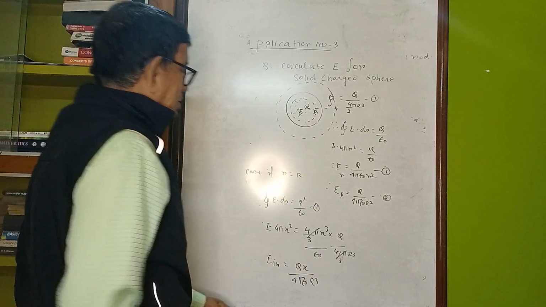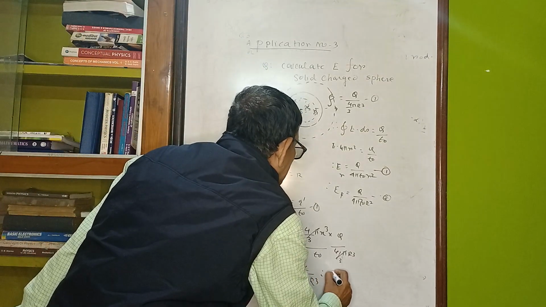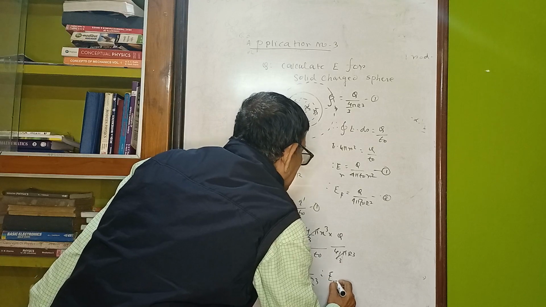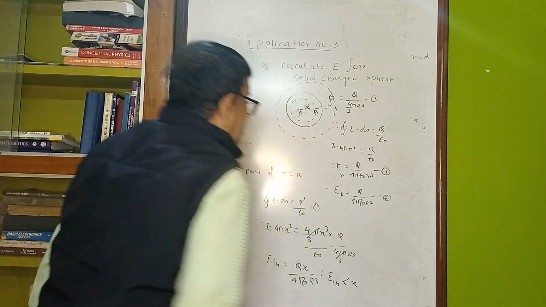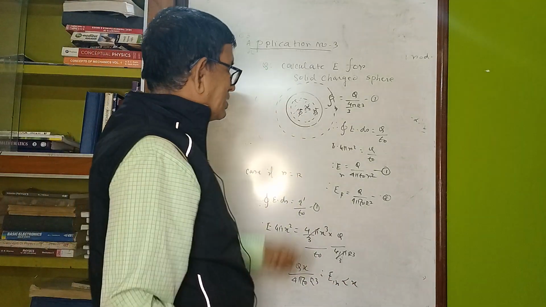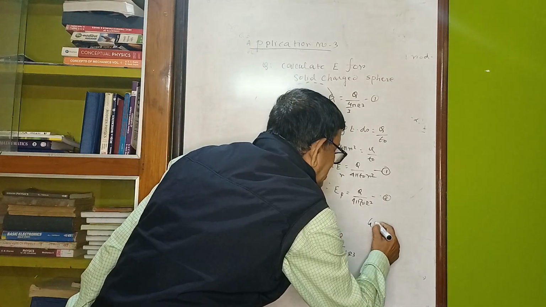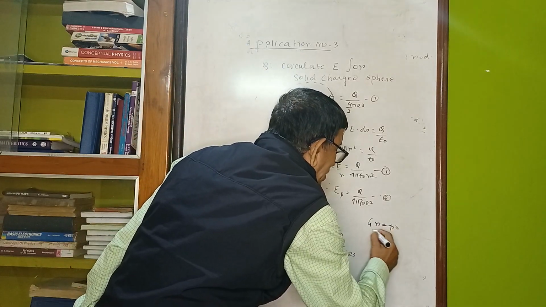Clear? So in that case, E inside is proportional to x. What is x? x is the distance from the center. What is the nature of the graph? The graph will be like this.